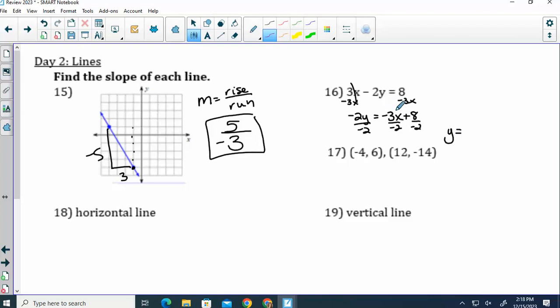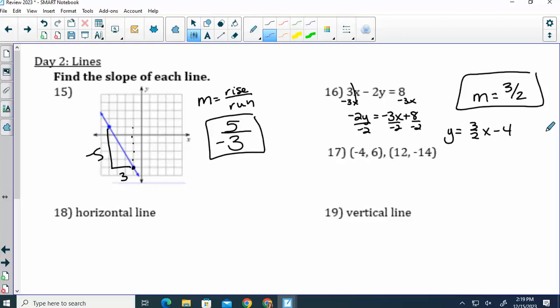So y equals negative 3 divided by negative 2 is a positive 3 halves x minus 4. So what is the slope of that line? 3 over 2. Don't include the x with that. The slope is just a number that we're using to measure steepness.